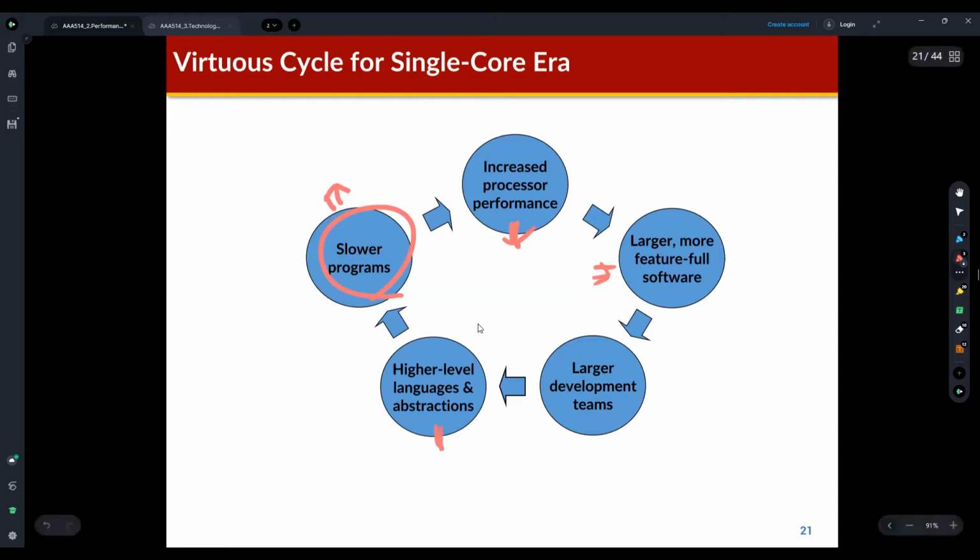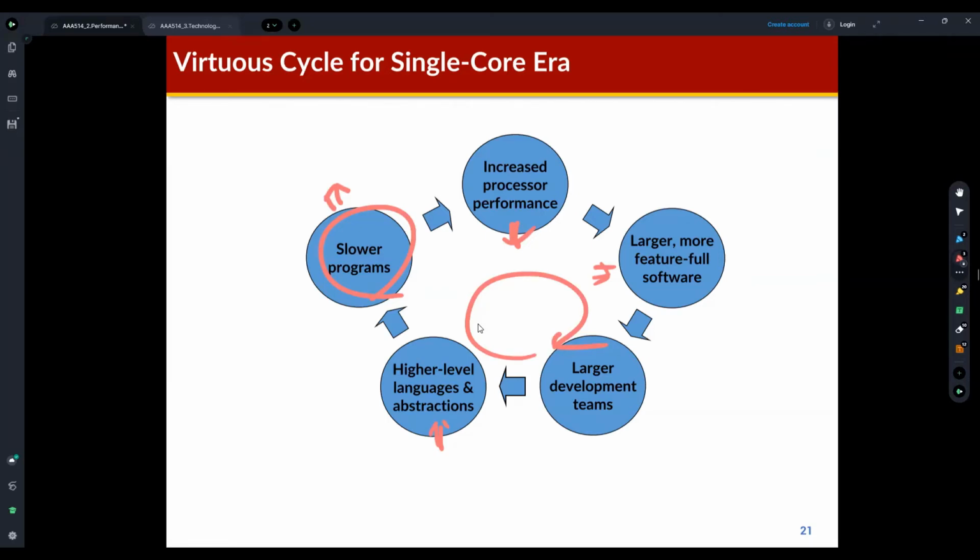Also, we apply a very large number of abstraction levels to the software, which means the software becomes heavier and heavier, then performance is also decreased because the workload gets heavier, so it becomes the slow program. So this is the software and hardware development cycle for the single core era.